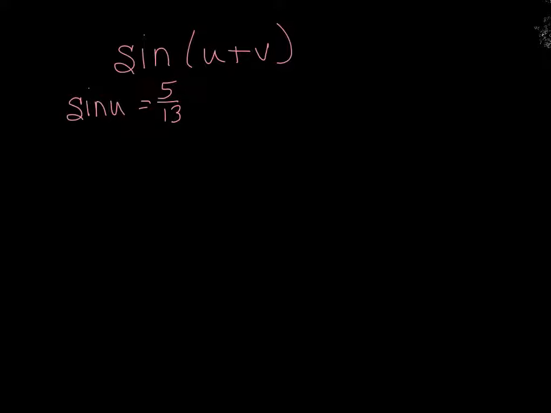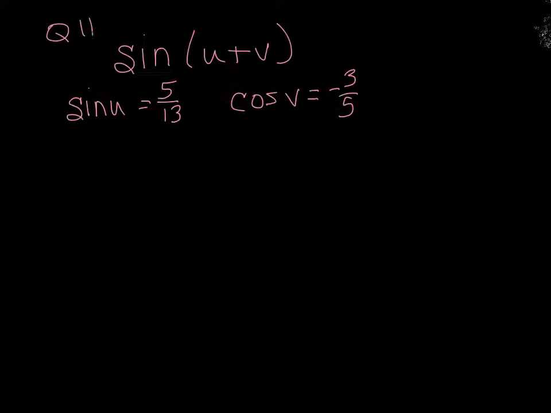I want to find the sine of u plus v given that the sine of u is 5/13 and the cosine of v is negative 3/5, and we're in quadrant 2.